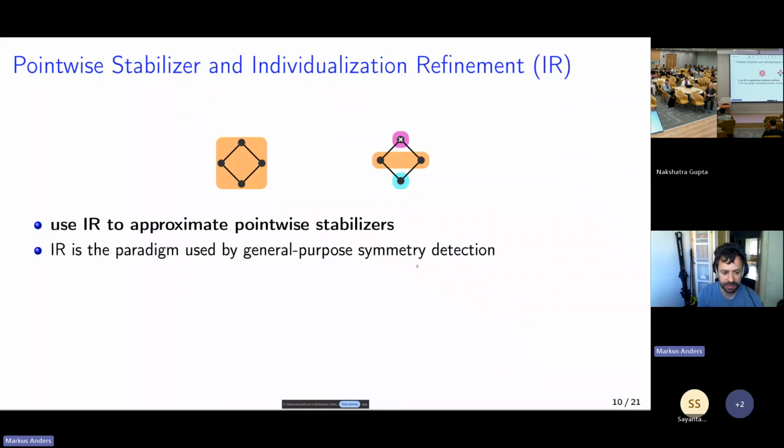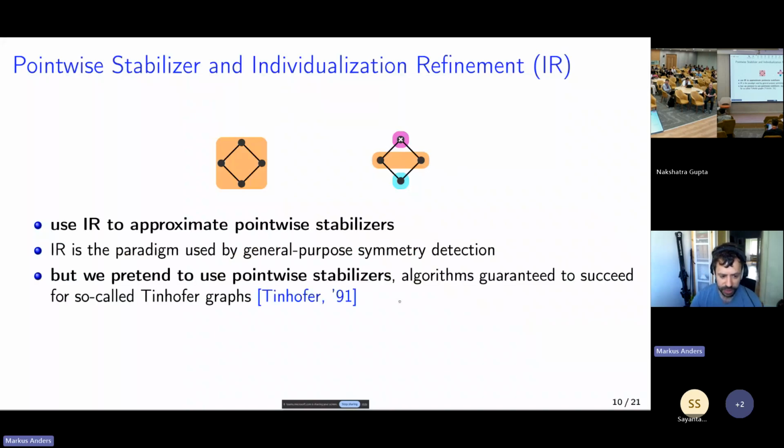However, I should mention that this IR paradigm is what's being used by the general purpose symmetry detection algorithm. So it's a very natural choice to use this for these special symmetry detection algorithms. One thing to note is that we're just going to pretend like this approximation is good. We just pretend that the approximation will give us the pointwise stabilizers. And why is this okay?